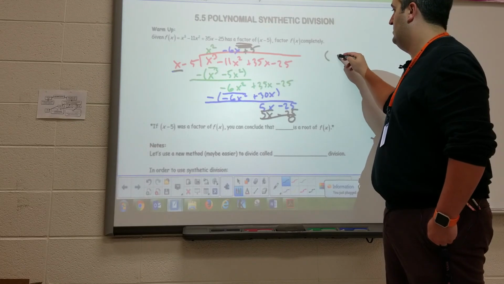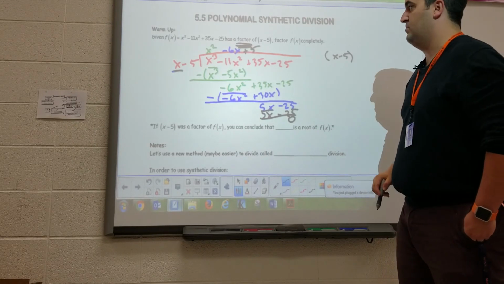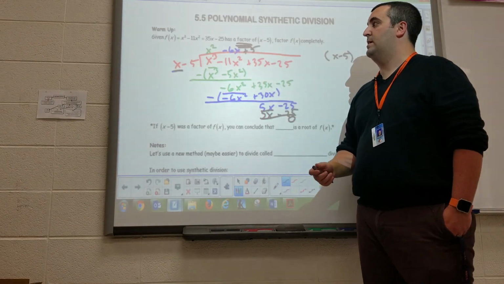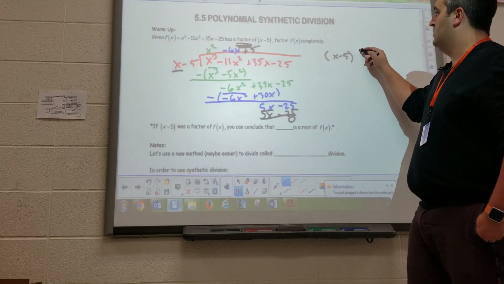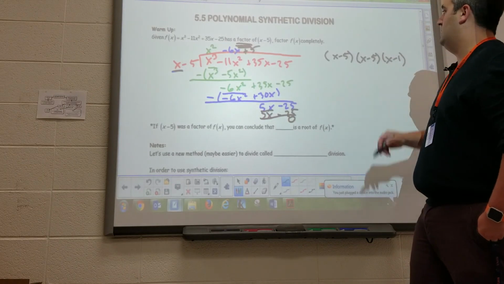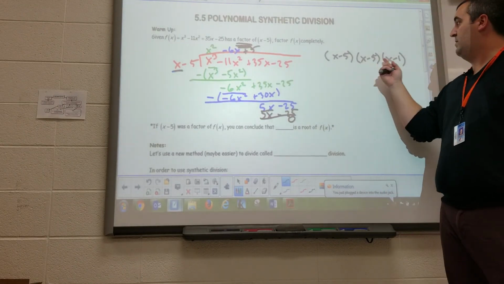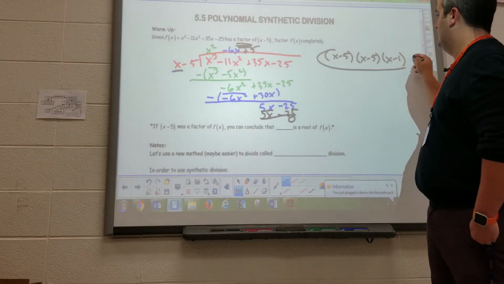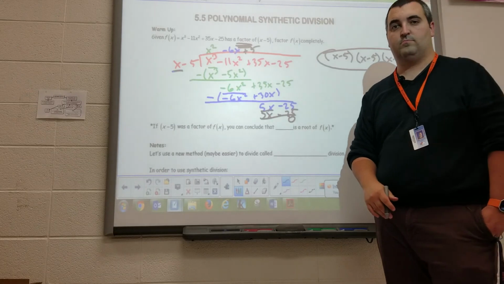So we know x minus 5 is a factor. And then to factor x squared minus 6x plus 5, we use product sum. And we get x minus 5, x minus 1. And this right here is your answer, okay?